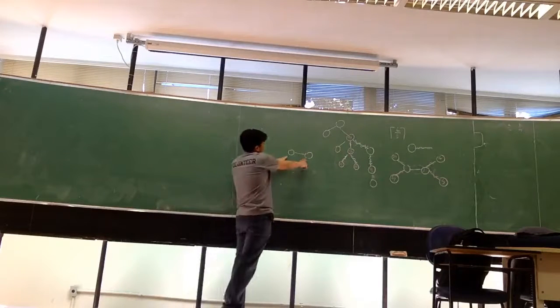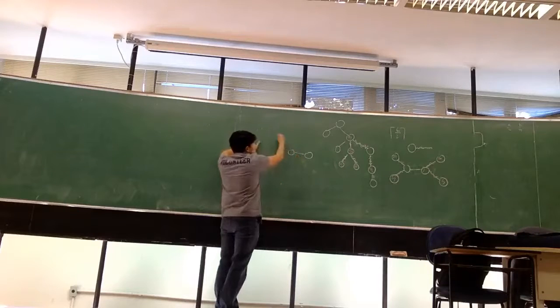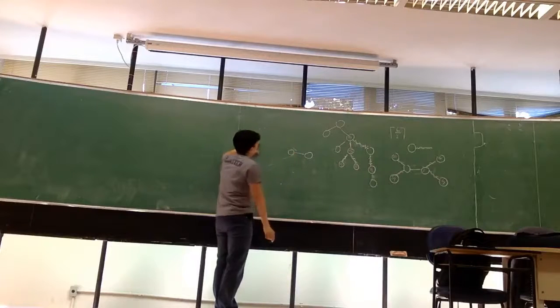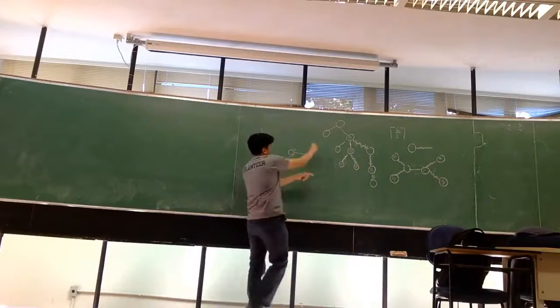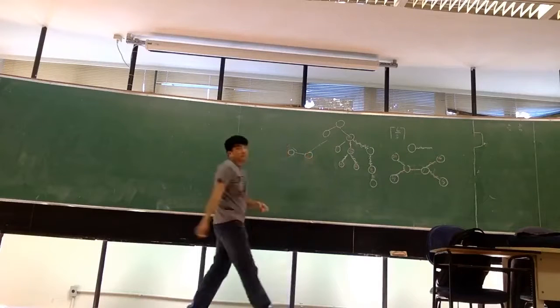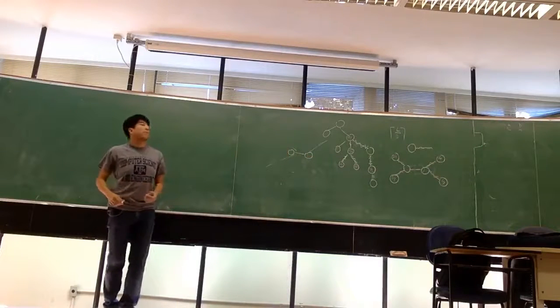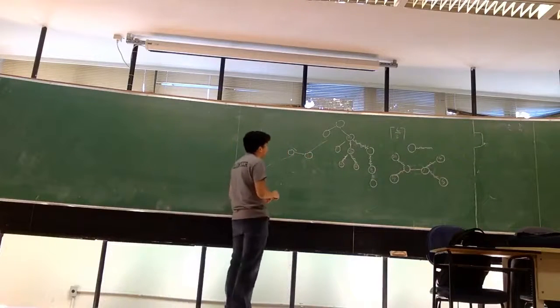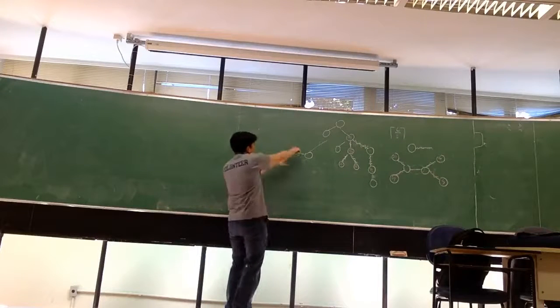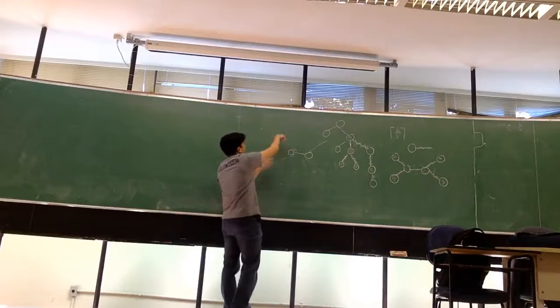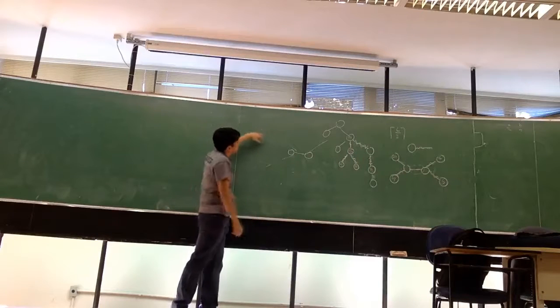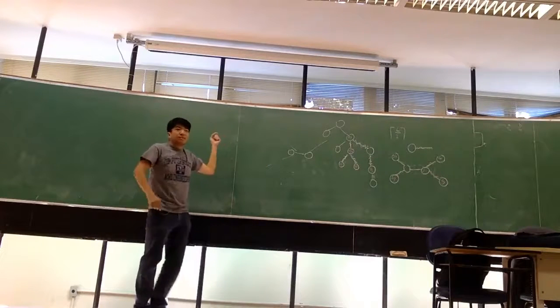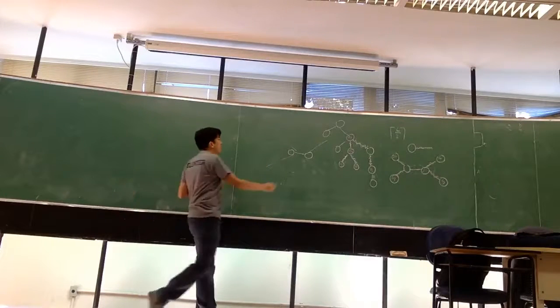So these are not leaves, which means there is a subtree to the left of this edge, and another subtree to the right of this edge. And if this is a subtree, there is at least some node to the left of this edge that is a leaf.